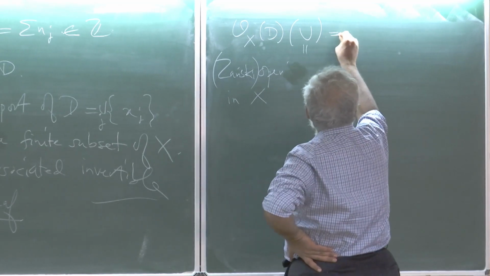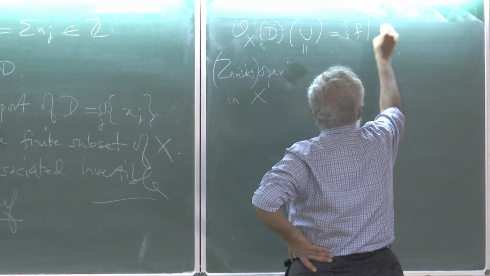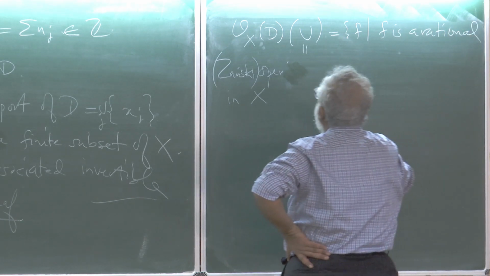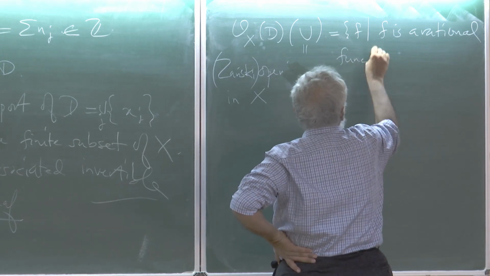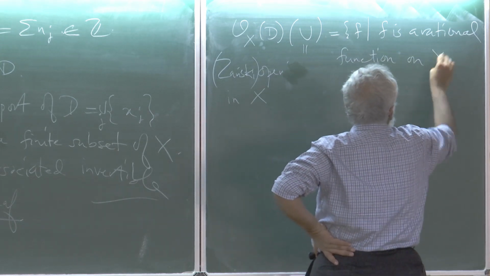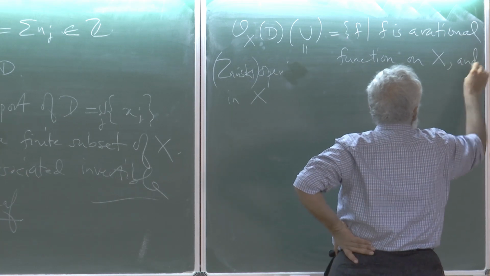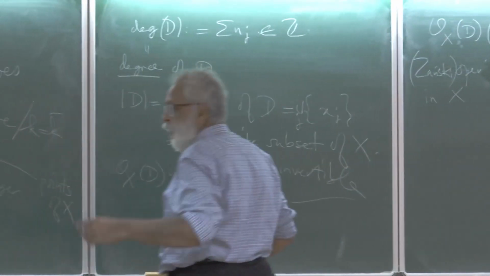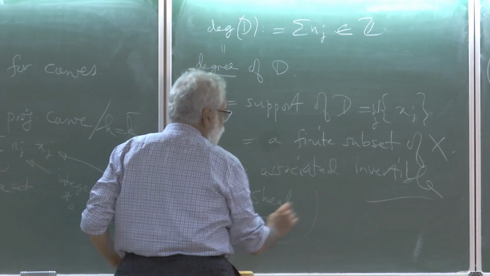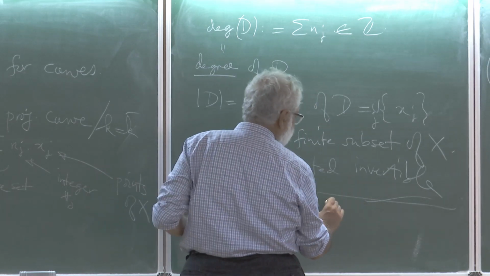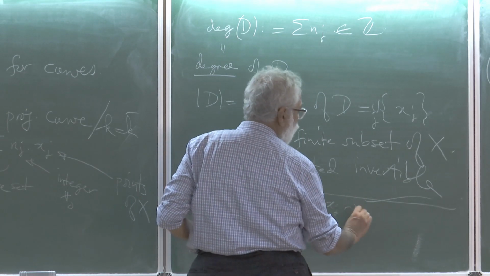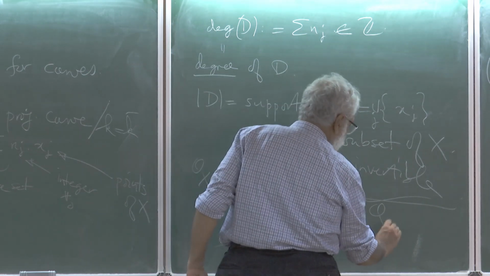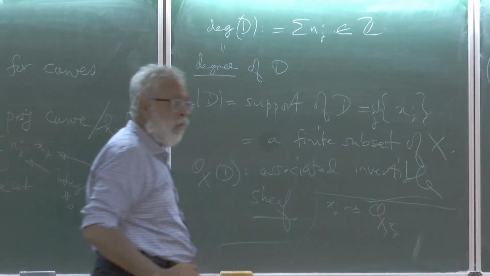So what is this? This is the set of all f such that f is a rational function on X, and one more condition holds. I forgot something here; since you've got the notes, I can do things in a different order. If I have any one of these x_j's, then associated to it I have a local ring, O_{X,x_j}, the local ring at the point.